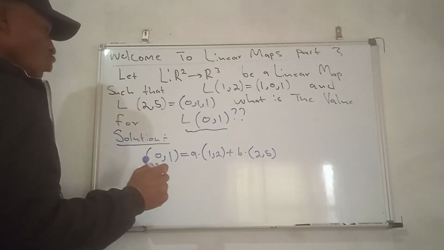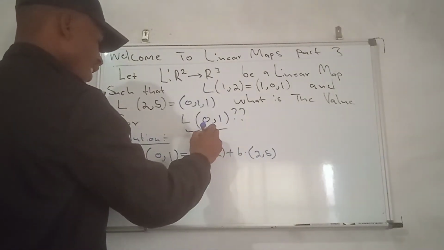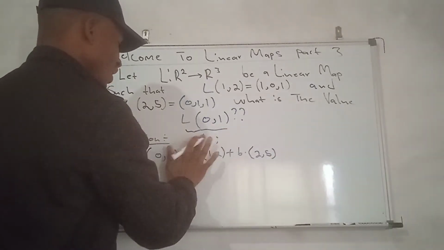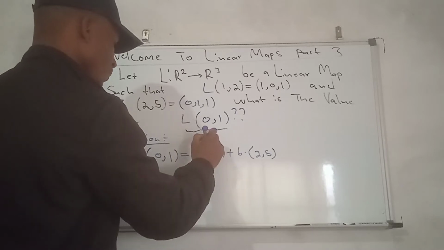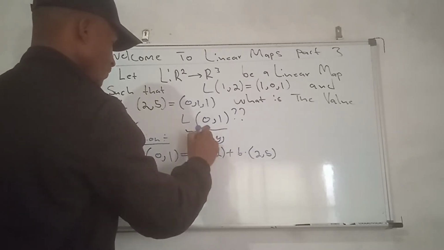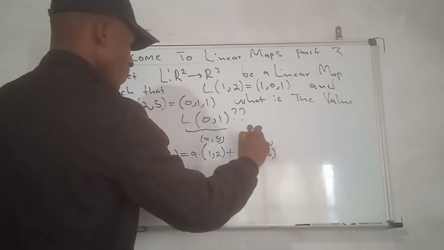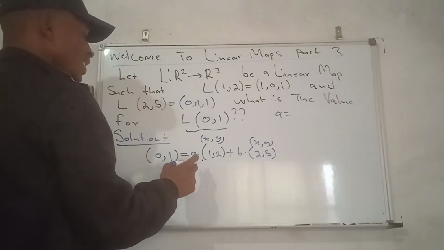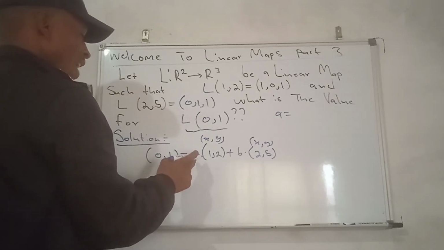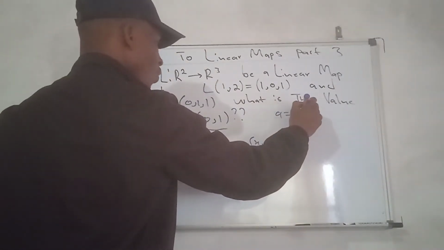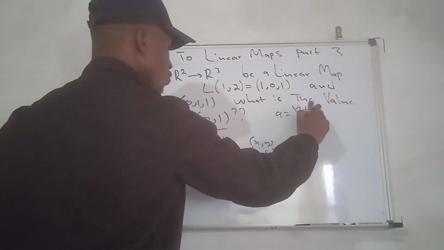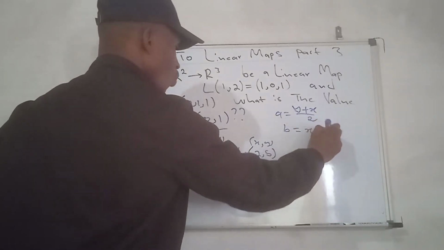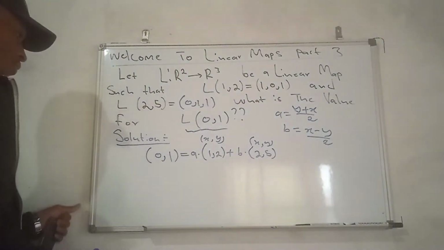The formula for us to find a, I can just call this a and this b, or let me just call it x and y. I formulated a formula. For us to find a, we say y plus x all over 2. And then for b, we say x minus y all over 2.